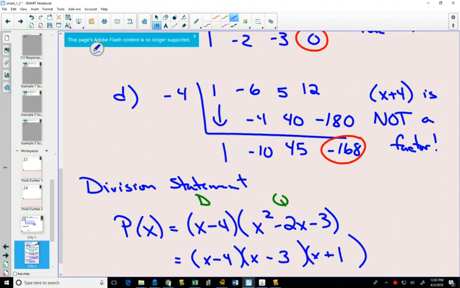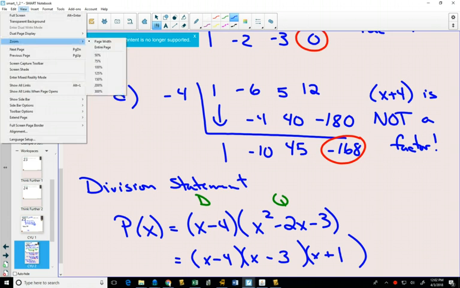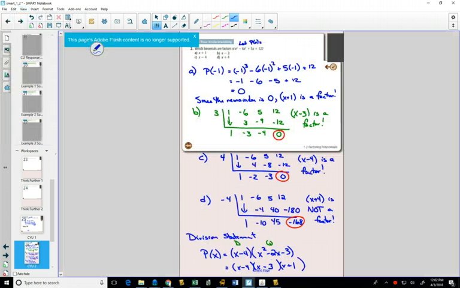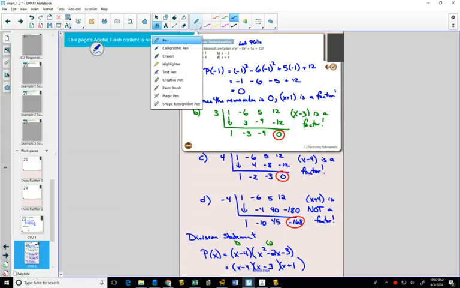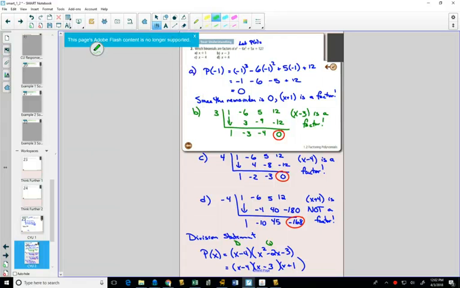Now, if we view the whole thing that we did here, in this example, we found x plus 1 as a factor, x minus 3 as a factor, and x minus 4 as a factor, and sure enough, all 3 of those factored to be the whole thing. Now, they gave us these numbers to try.